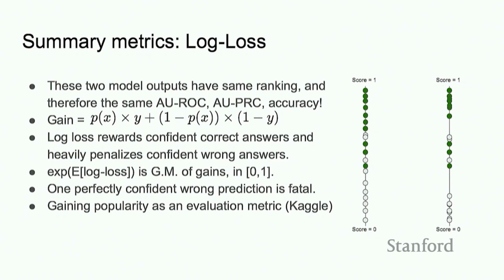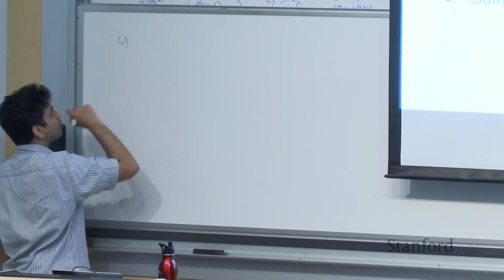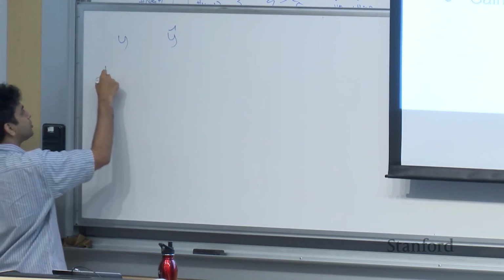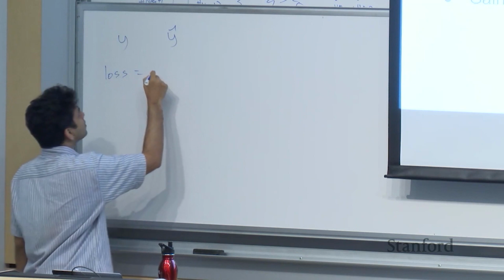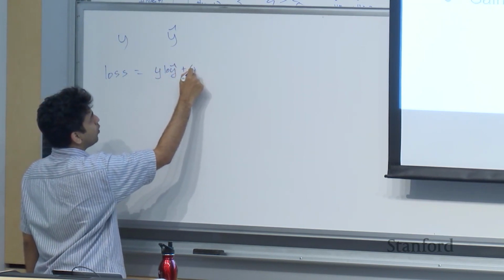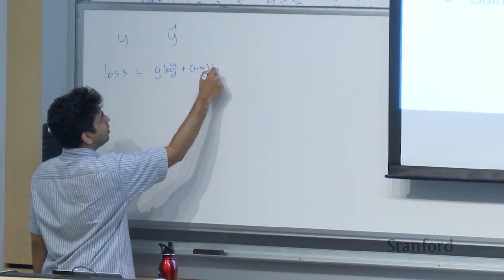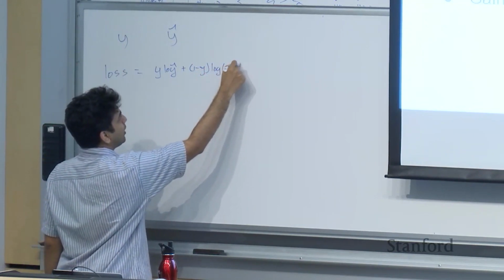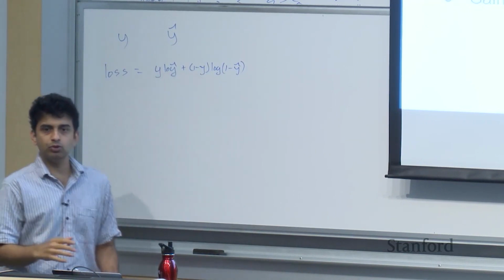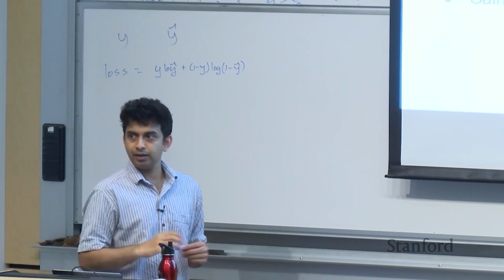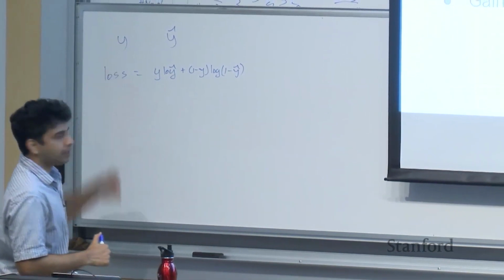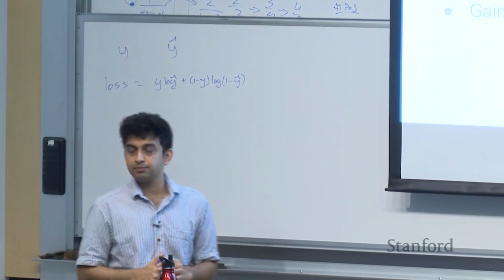If you remember, in logistic regression, if the true label was y and our prediction was y hat, the loss that we used was y log y hat plus 1 minus y log 1 minus y hat. This value itself can be used as a metric. It's basically just the log likelihood of our prediction. That's also called the log loss.